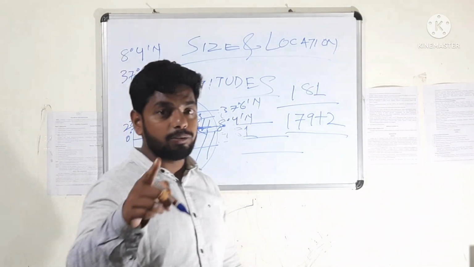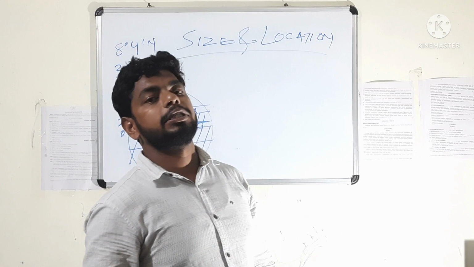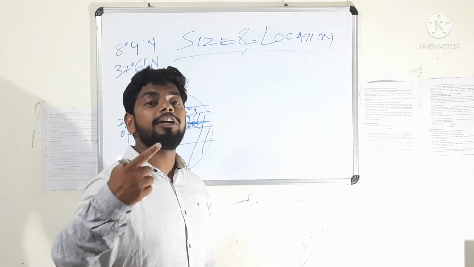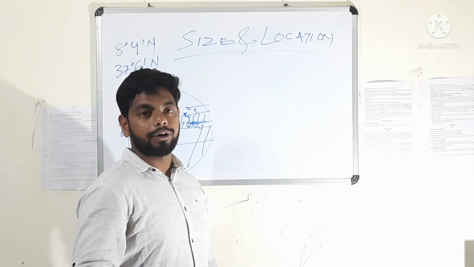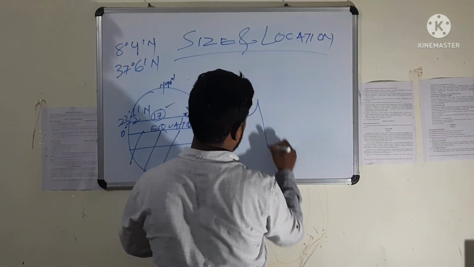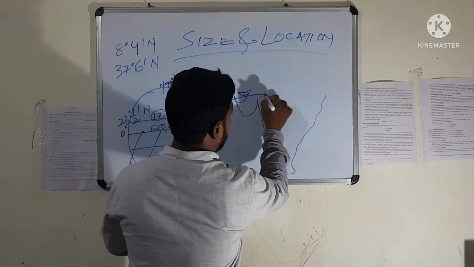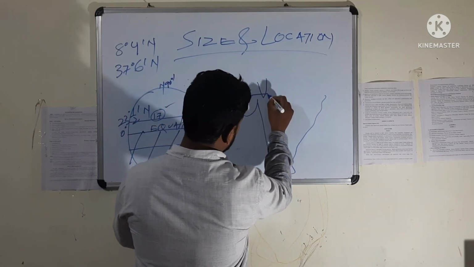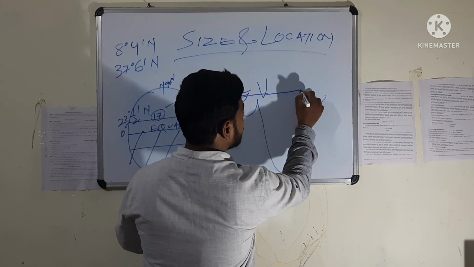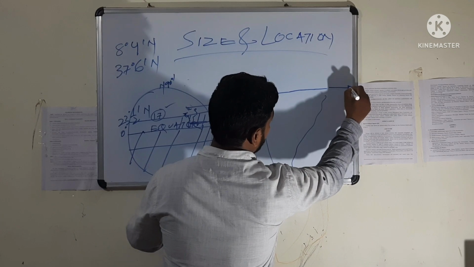And here one thing you have to know, guys. The Tropic of Cancer passes through 8 states in our country, right? Gujarat, Rajasthan, Madhya Pradesh, Chhattisgarh, Jharkhand, West Bengal, Tripura and Mizoram.